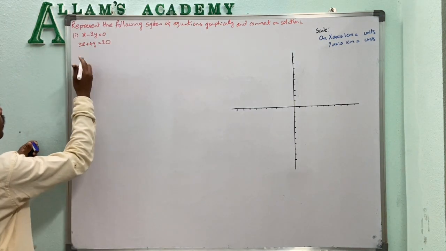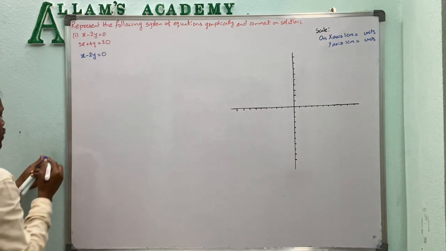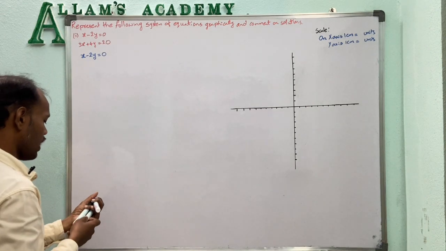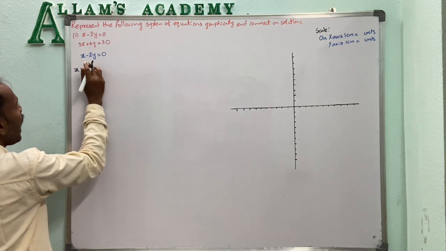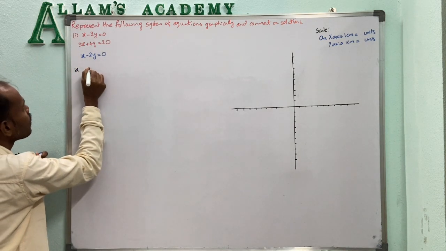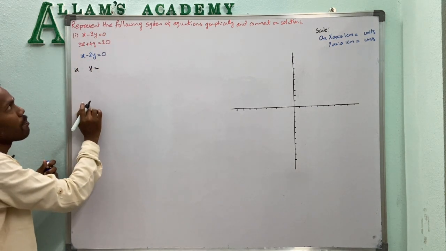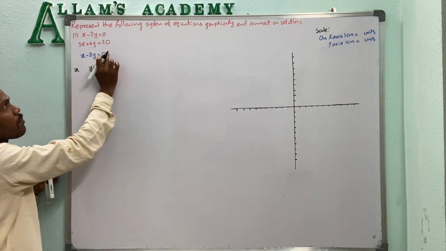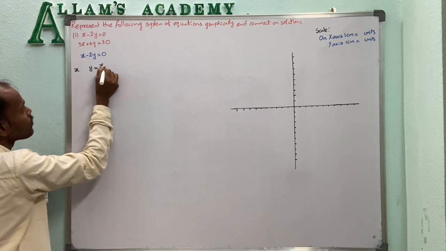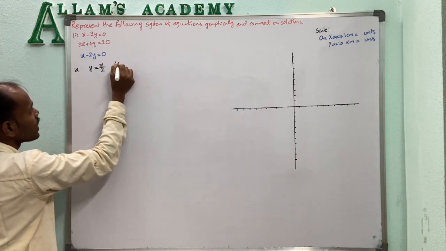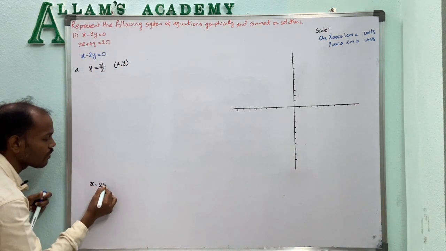So x minus 2y equal to 0. For different x values we get different y values, so we are finding the x and y values.